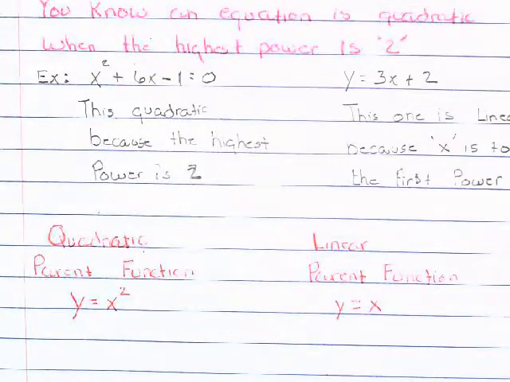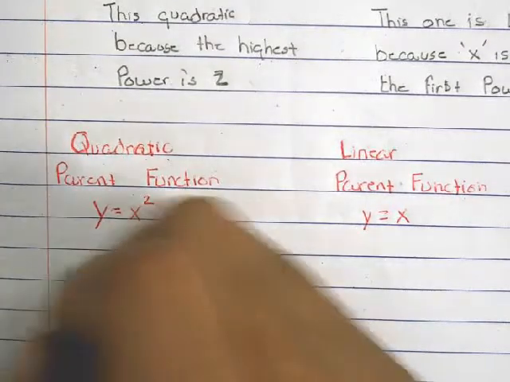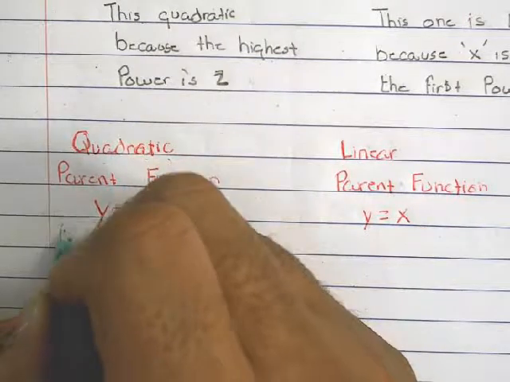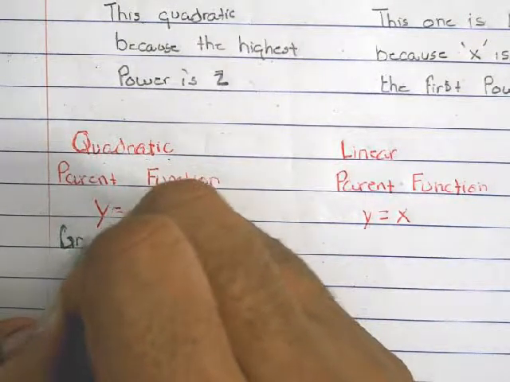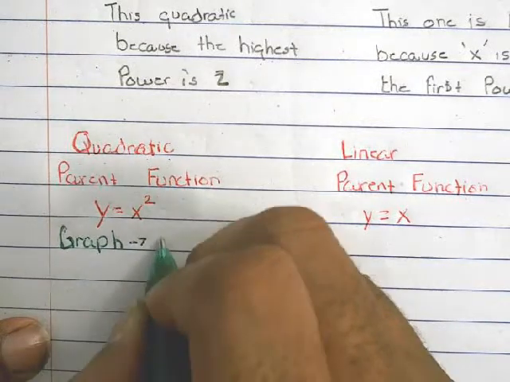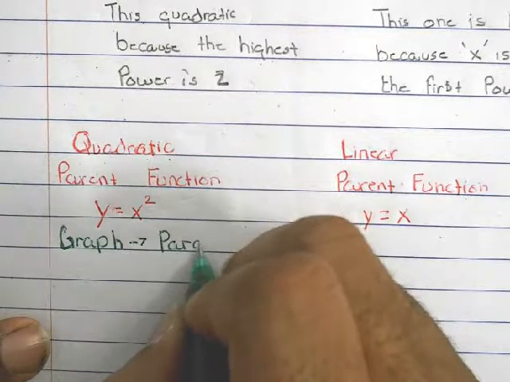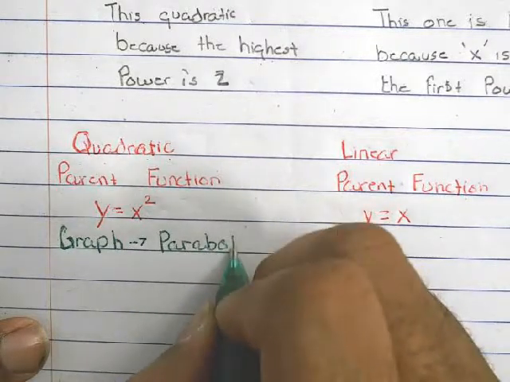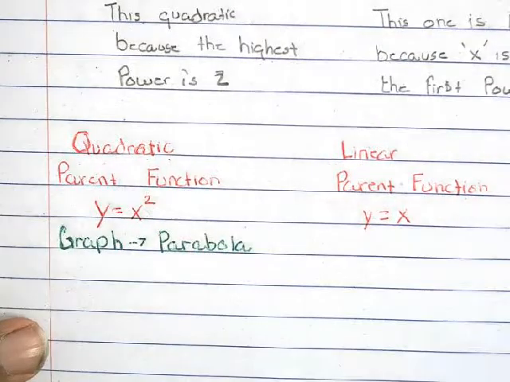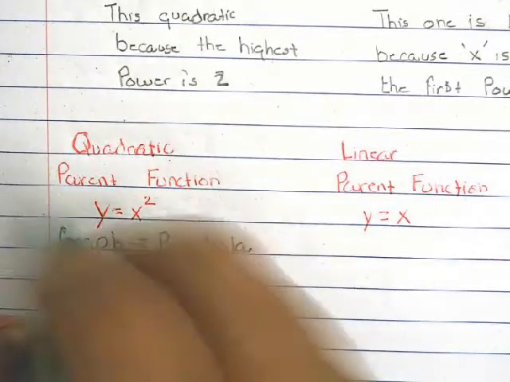Now, the graph of a quadratic is a parabola. Now, we'll only deal with 2 types of parabola.